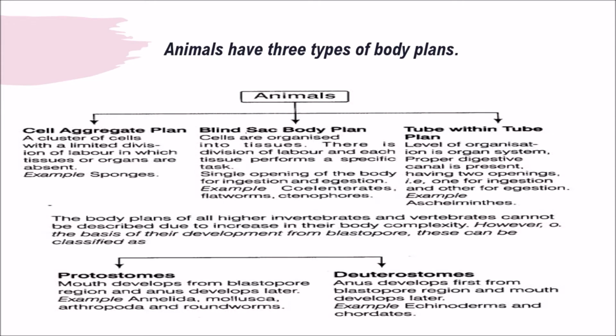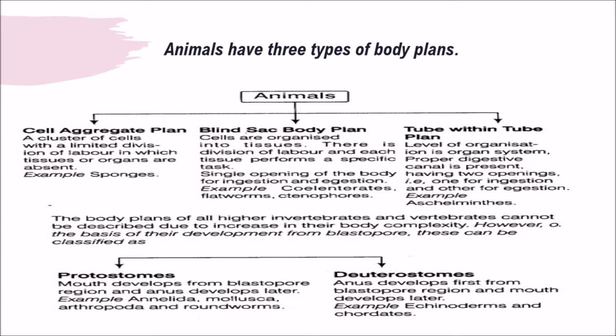Coming to the blind sac body plan. How do we define the blind sac body plan? Cells are organized into tissues and there is a division of labor, and each tissue performs a specific task.